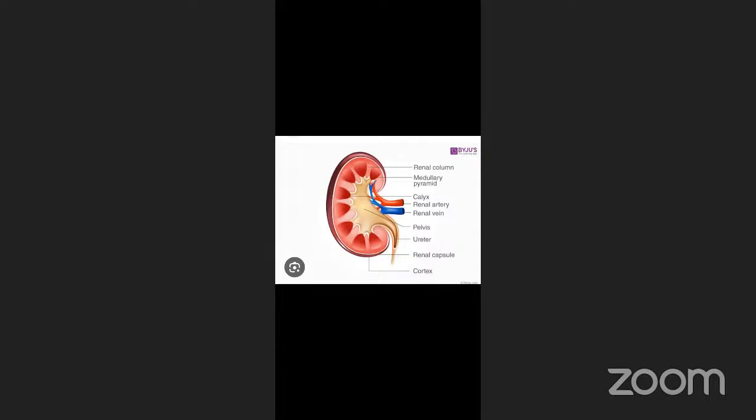Describe the pathway of how urea, which has been formed in the liver, gets to the kidney for excretion. So this is now the circulatory system. Hands up, or can I see the charts?